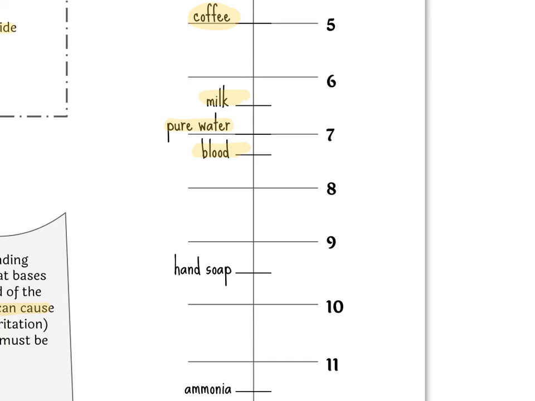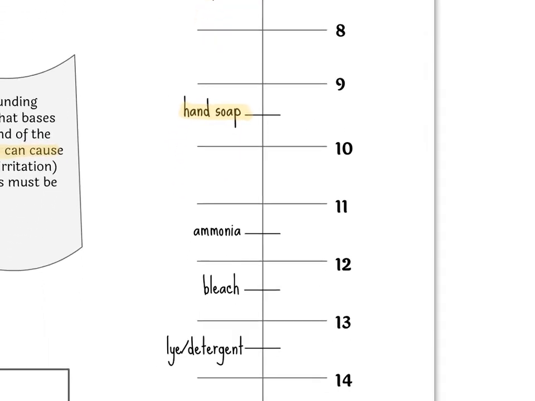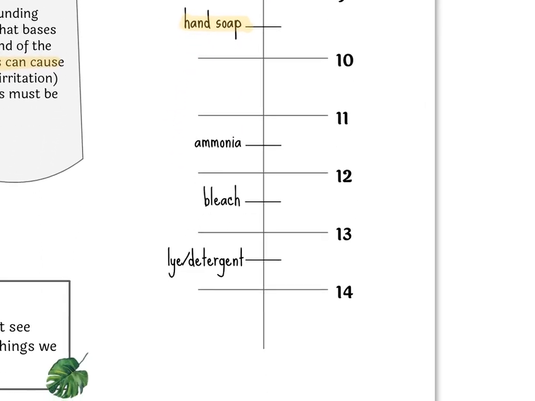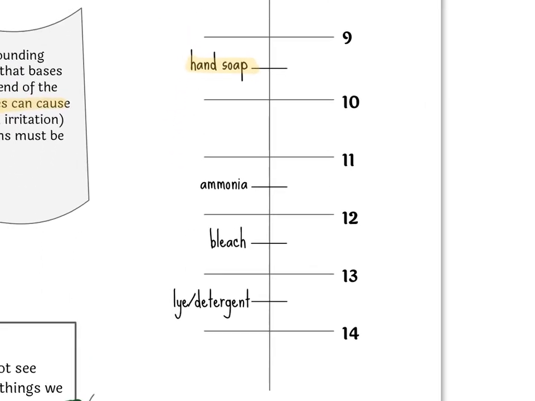Another basic compound at 9.5 is hand soap. And obviously, hand soap isn't harmful. We use it every day on our skin, so it doesn't cause any irritation. But down in this area is where we might start getting irritated if we get things on us.